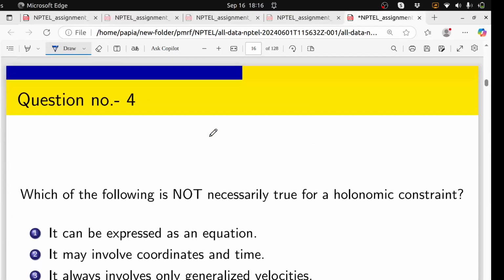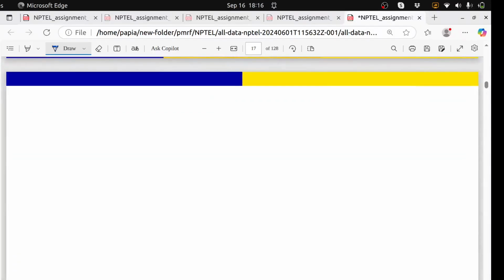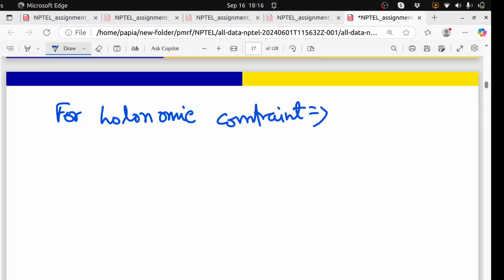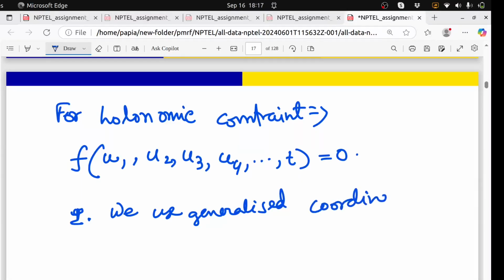Okay, coming to the first question. The first question is, which of the following is not necessarily true for a holonomic constraint? For a holonomic one, as I already mentioned, f of u1, u2, u3, u4, t equals 0, where u are the generalized coordinates.